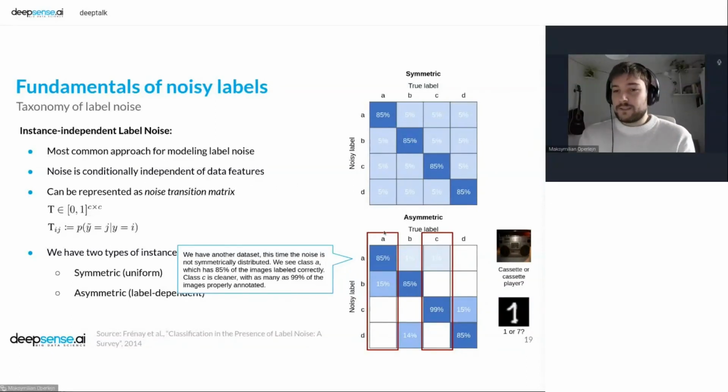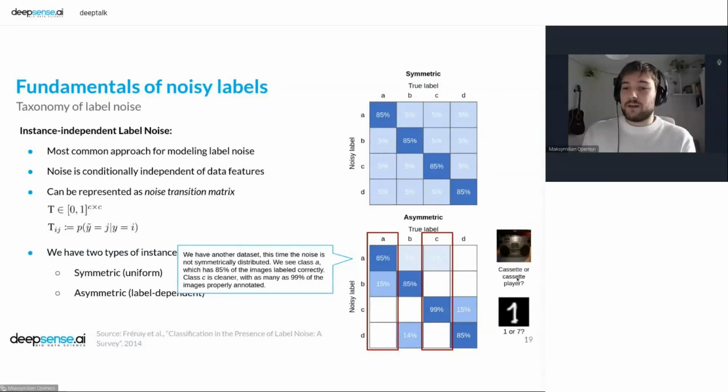This is more common noise because, for example, we can imagine that it can be difficult to distinguish 1 from 7 in the MNIST dataset. So it is far easier to distinguish the ones from 8s than, for example, ones from 7s, right? Because they are more similar. So we can imagine that.